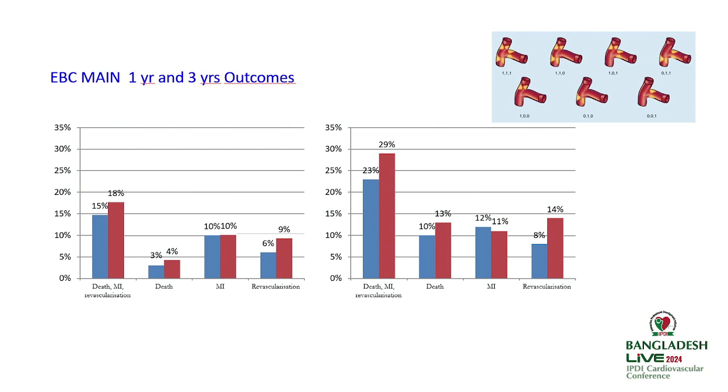That means we'll have the same outcome, and at least at 1 year and 3 years outcome, target lesion revascularization will be even less with using single stenting. But we should remember that the EBC MAIN trial included patients with simple bifurcation, where the mean lesion length on side branch was less than 10 millimeters.